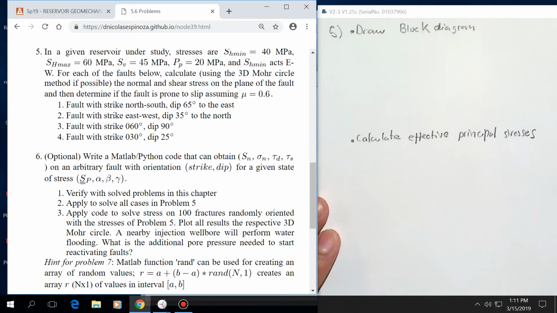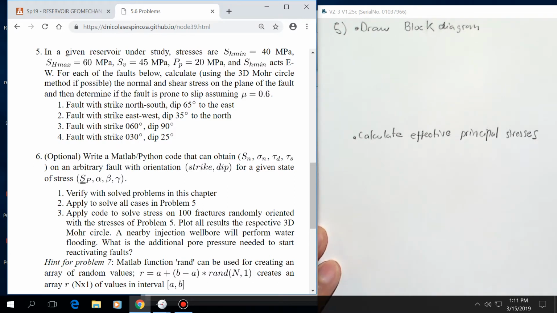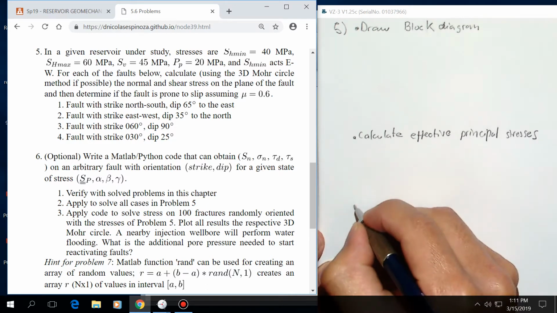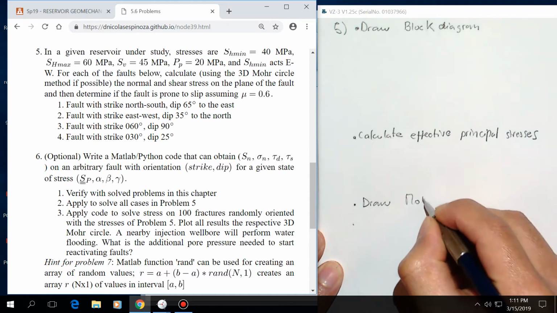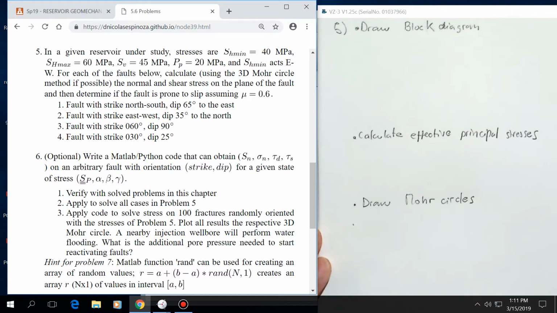And after you do that, before starting to solve the problem, draw the 3D Mohr circle. So draw the three of them, okay? So get started with that. If you have a question, let me know.